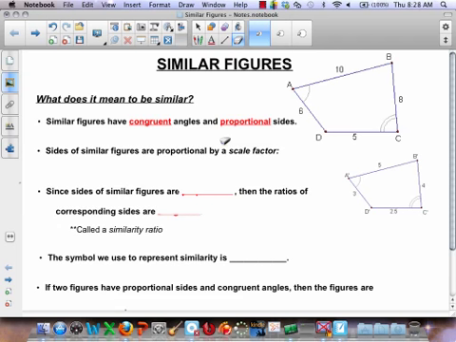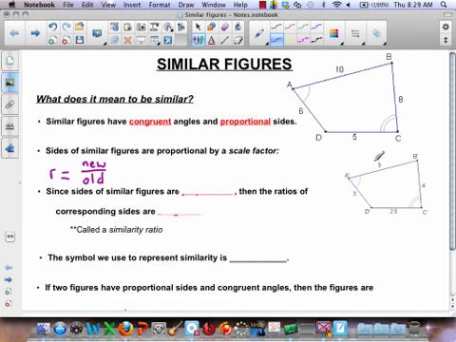So when you're asked to find the scale factor for these similar shapes, all you really need is the ratio of the corresponding sides. The way we write that is you use R, and we say that R is equal to the new over the old.